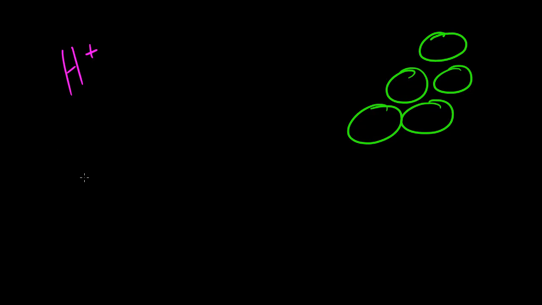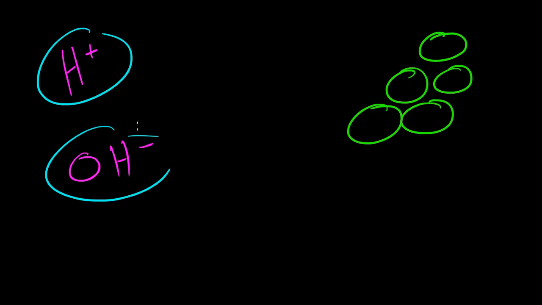A base is essentially the same thing, except when the base splits apart in water, it releases hydroxide, which is OH negative. The important thing to remember is that these are charged particles, and a cell is basically just a bunch of chemicals organized in a very specific, careful kind of way.